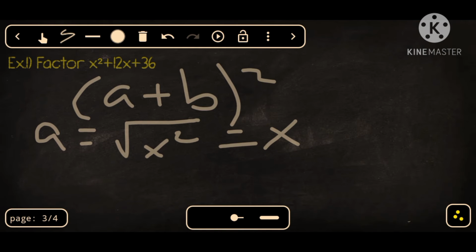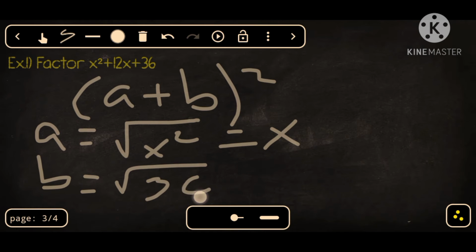Okay, then for our b, how to get b? To get b, just take the square root of the third term. The third term is 36, so square root of 36, that is now our b. So we have 6. Okay, so let us try to check if twice the product of a and b is 12.